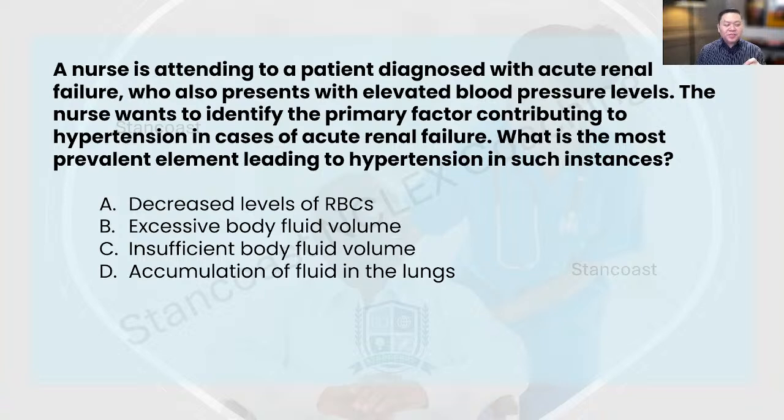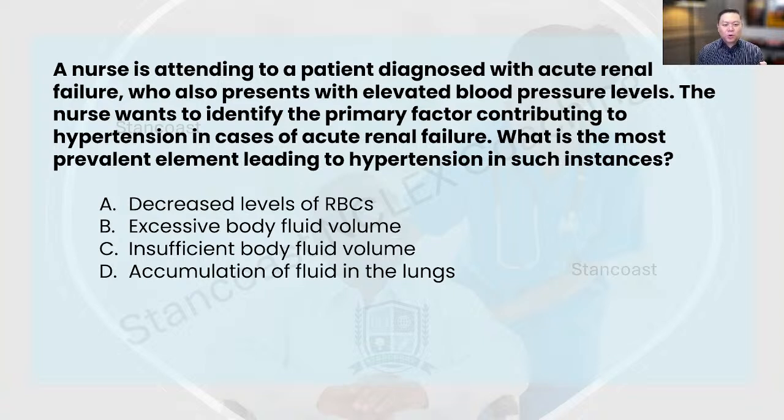Another example, another testing here is a nurse attending to a patient diagnosed with acute renal failure who also presents with elevated blood pressure levels. The nurse wants to identify the primary factor contributing to hypertension in cases of acute renal failure. What is the most prevalent element leading to hypertension in such instances? Okay, let me read that question back.